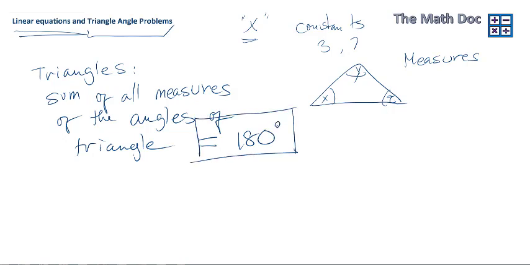And that is the important rule here. So here we have x plus y plus z equals 180. And that is true for every triangle. It is the only value that the sum of measures can take. And that is usually the tool we use in order to solve these problems.